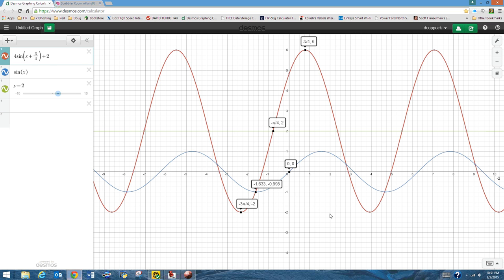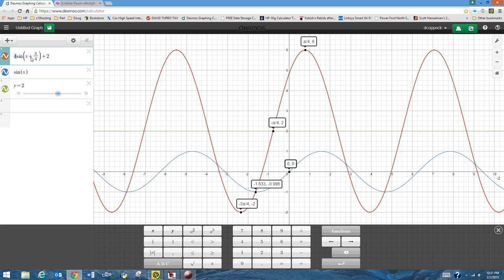The plus 2 tells you what happened to get to the new midline. That is the midline. And then the amplitude of 4 just tells you, well, if you started up, you know it's a positive. If you started down, it must have been a negative.